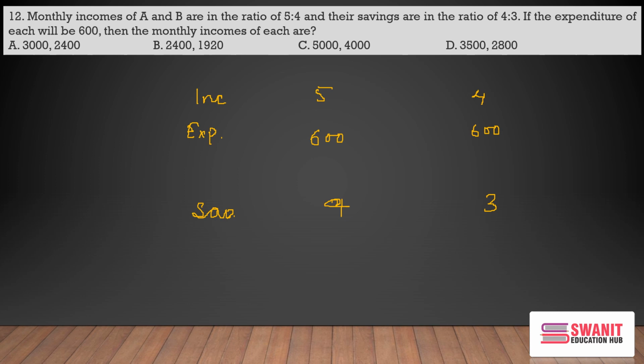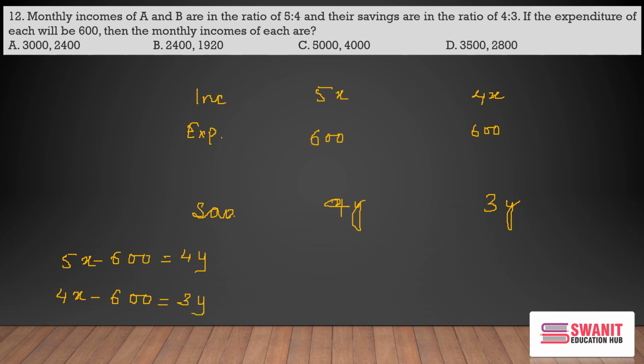So instead of the ratio, if I talk about their incomes, I would say 5x and 4x. Similarly, for their savings, it will be 4y and 3y. And when I form the equation, I can say that 5x minus 600 is equal to 4y. Similarly, 4x minus 600 is equal to 3y.